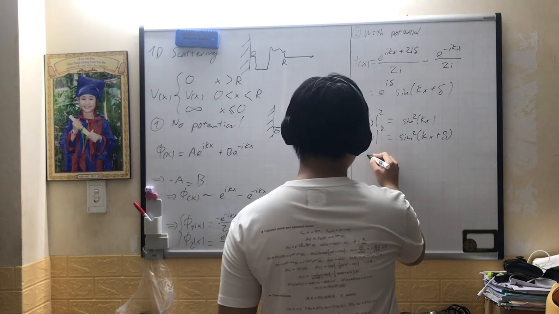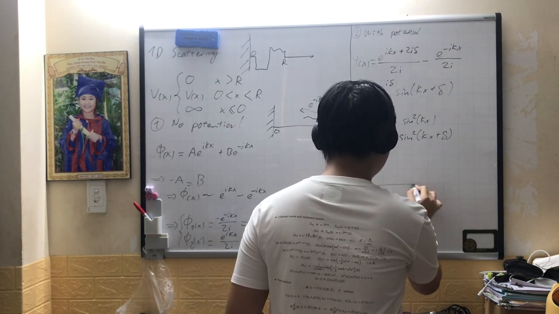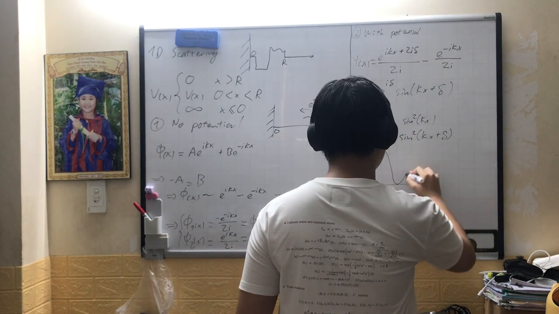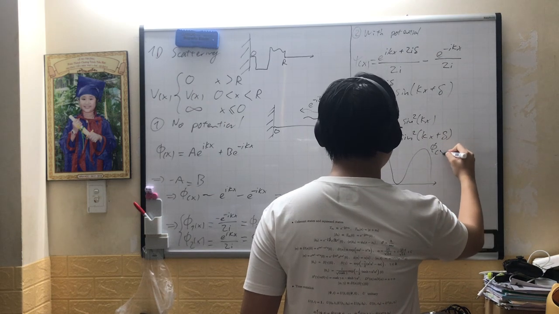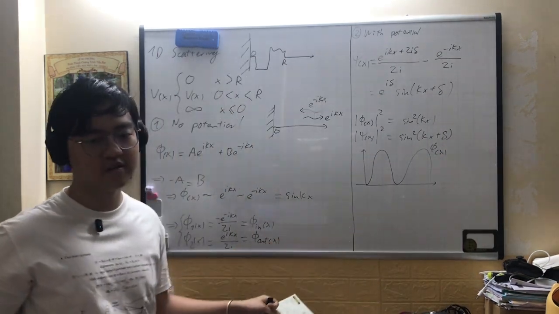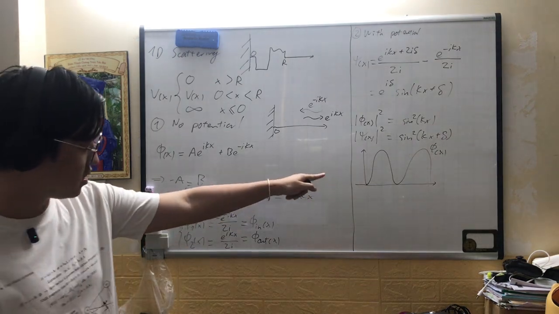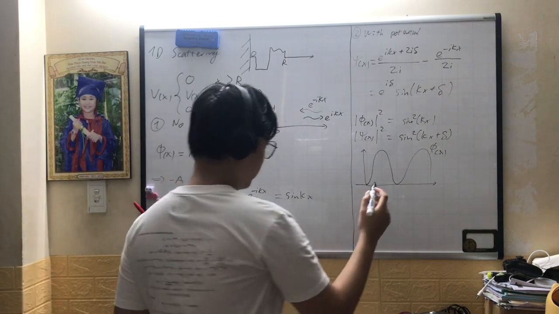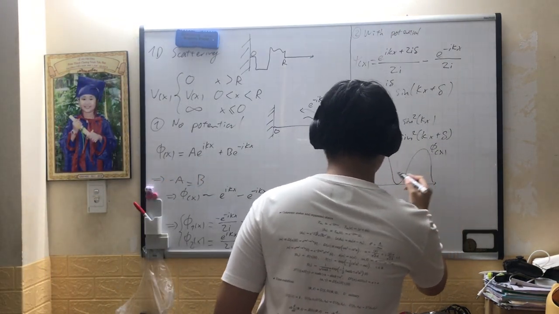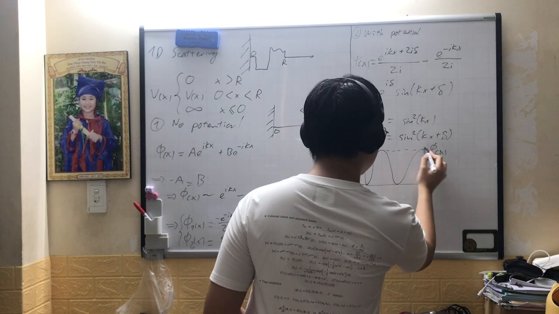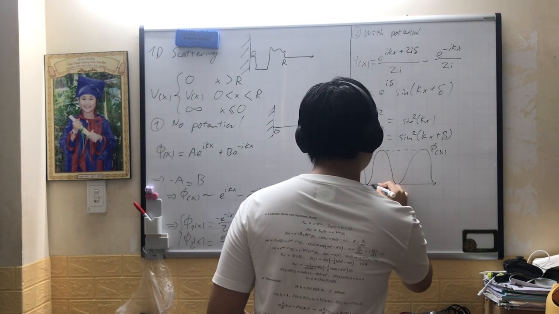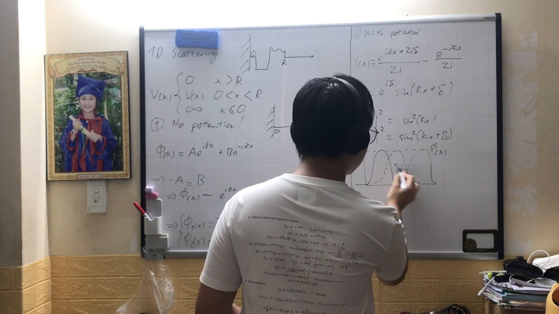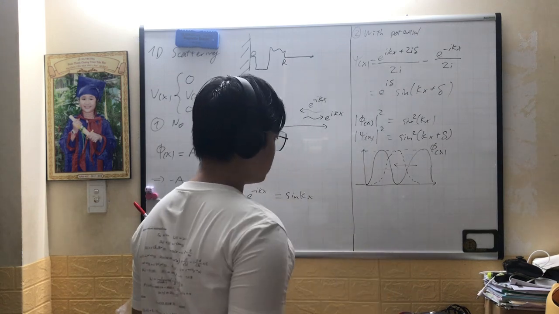So for example, here I have a graph of your phi of x, and I want to draw my psi of x. You would get the same amplitude, but there would be a shift in the phase.